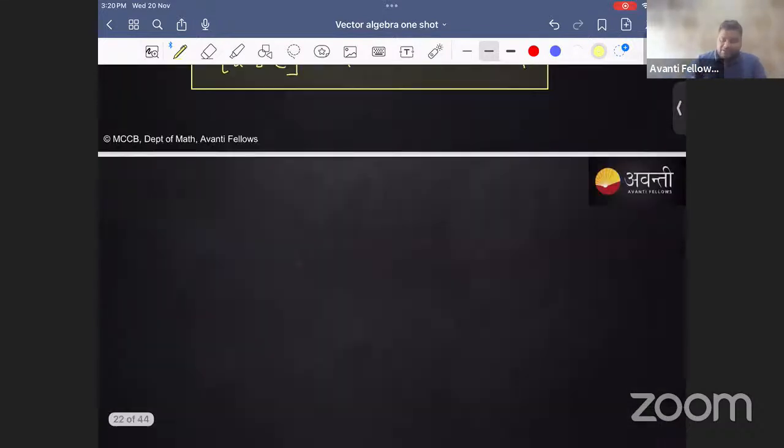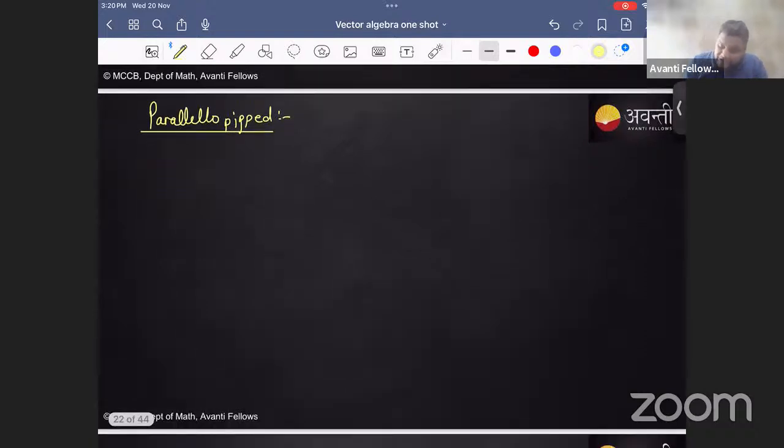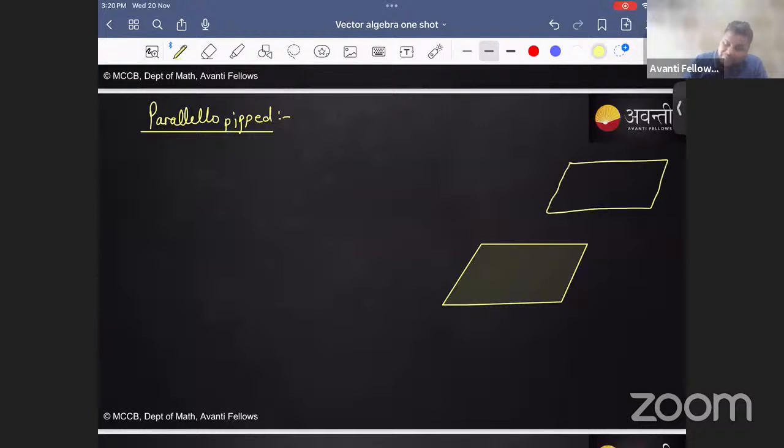Now see, there is a structure called parallelepiped. Parallelepiped is what? It is kind of like a tilted cuboid, I should say. A cuboid has been tilted. Like this is a parallelogram. Again, there is another parallelogram. Then you join its vertices.